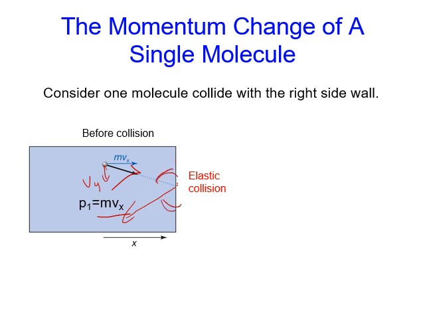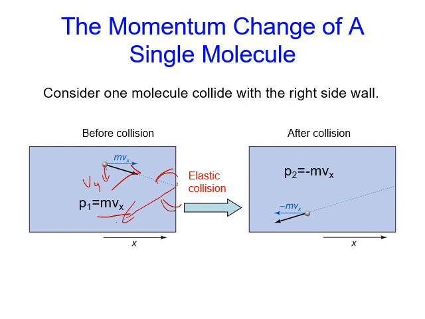So you're moving towards this direction, and the y component doesn't change, but for the x direction, the value is the same but the direction is opposite. So the momentum along x becomes negative mvx. This is before collision along x, and this is after collision along x.